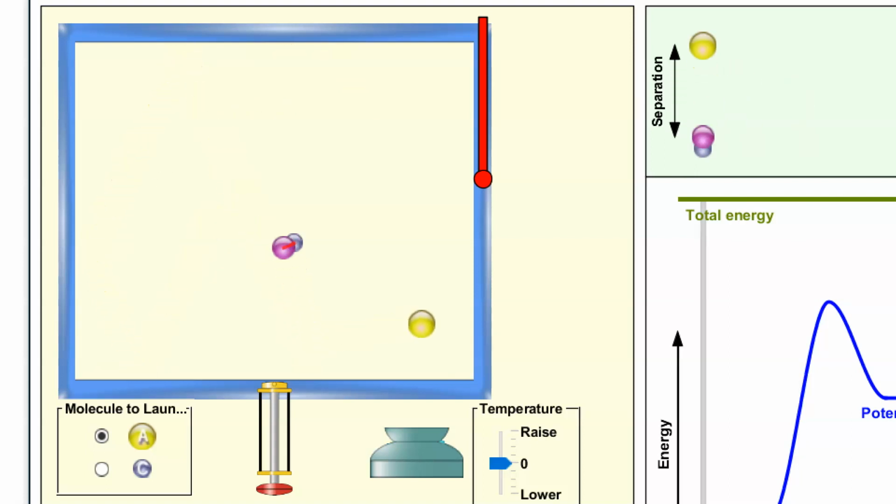Well, according to collision theory, anything that increases the rate of those collisions is going to increase my reaction rate. So what if I add some heat? Got my little simulated fire here. You can see now my molecules are going much faster, and it's really hard to keep track of what's happening.